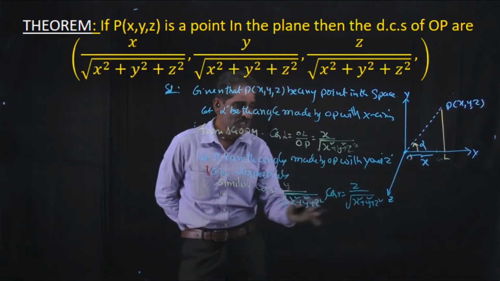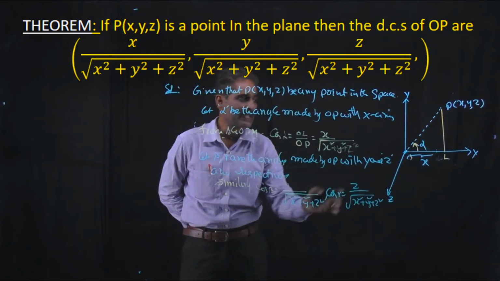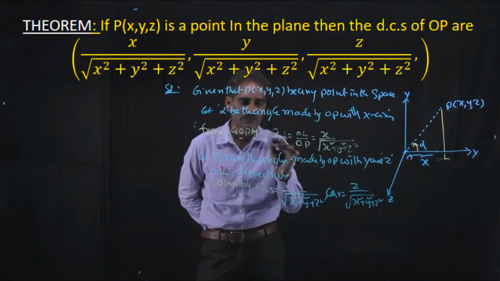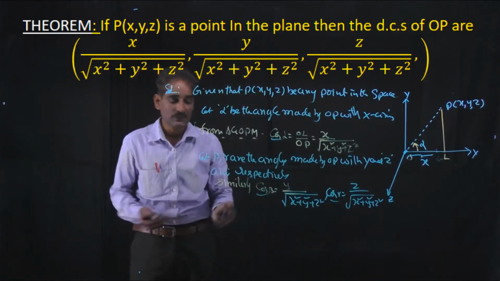So these three values are cos alpha, cos beta, cos gamma. Alpha, beta, gamma are the angles made by the line with the coordinate axes. Therefore cos alpha, cos beta, cos gamma are called the DCs of the ray OP.